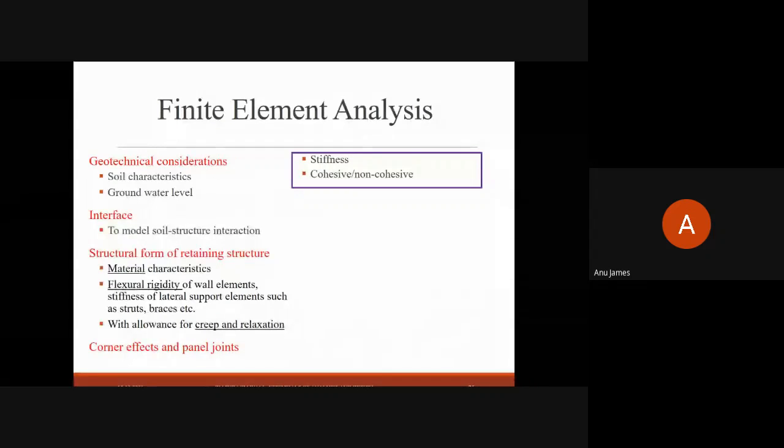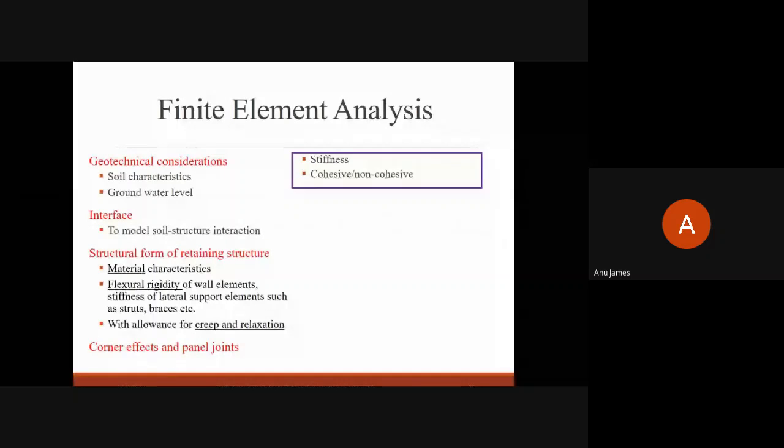Then the cohesive and non-cohesive nature of the soil should be considered by selecting the soil model. For cohesive soils, the excavation deformations may depend on properties such as creep, consolidation, etc. So we should consider these factors while we simulate the soil model.